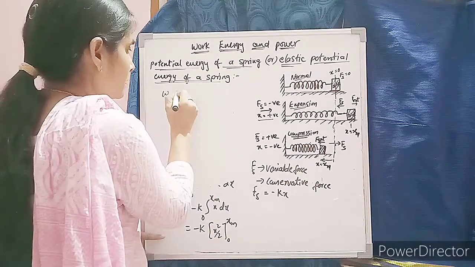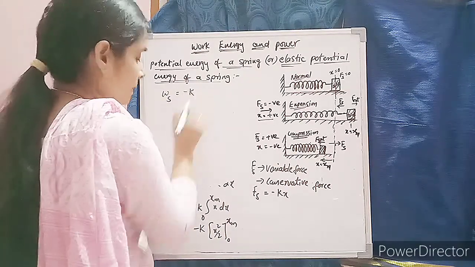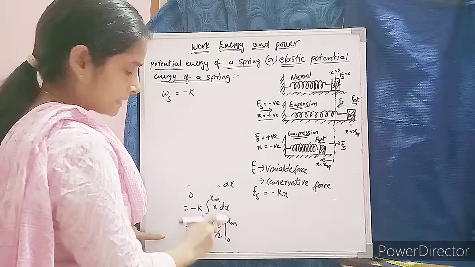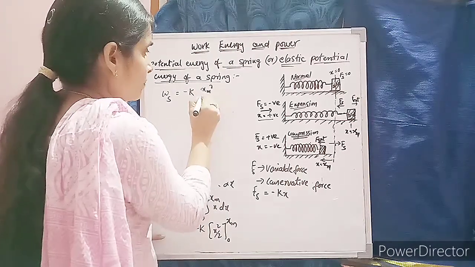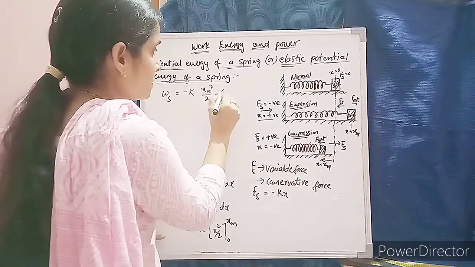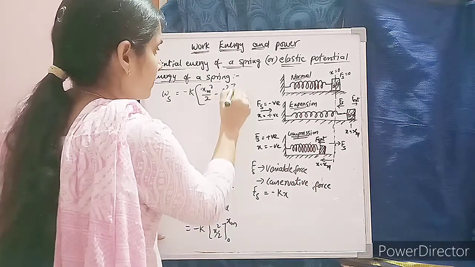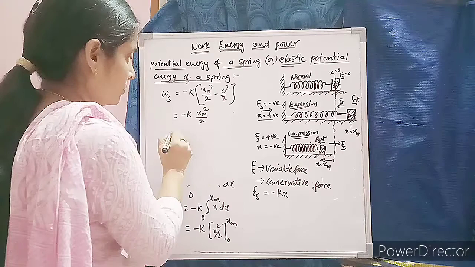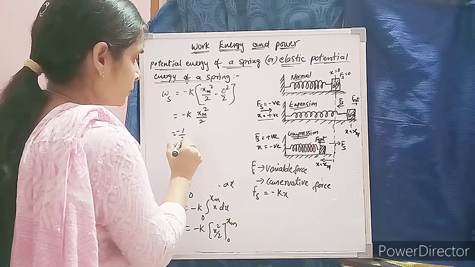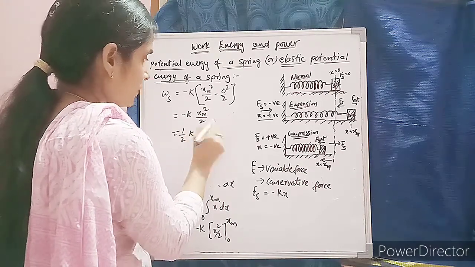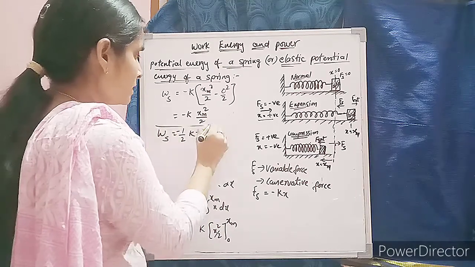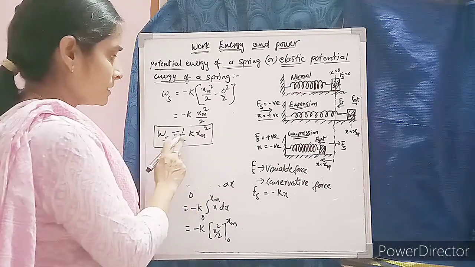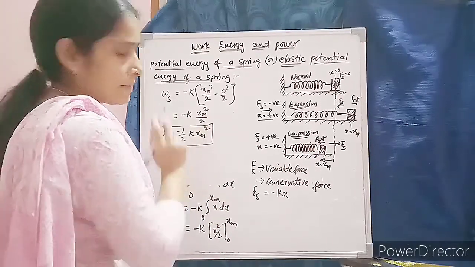Now Ws is equal to minus k, substituting xm here, xm square by 2 minus 0 square by 2. Okay, minus k xm square by 2. So that is equal to minus 1 by 2 k xm square. The work done by the spring force is minus 1 by 2 k xm square.